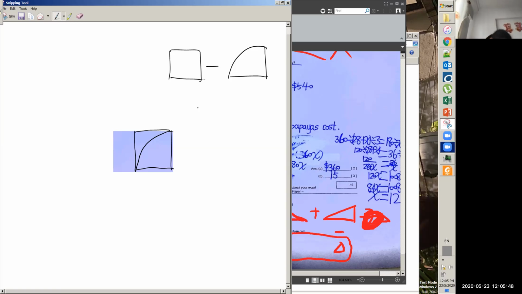Or you need to think of it as a quadrant minus the triangle. Can you see this? So in this question, you start to see how this can be applied already.